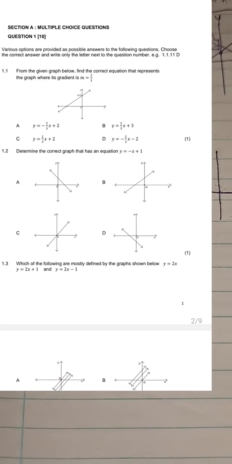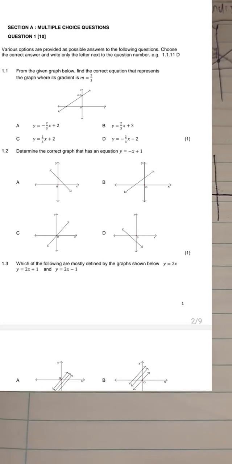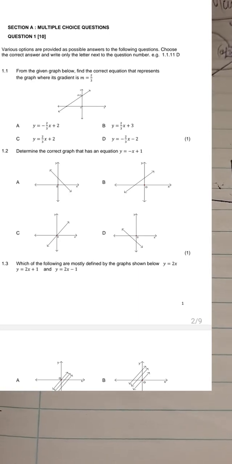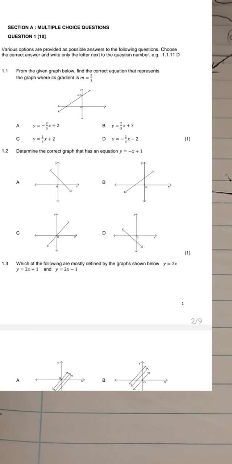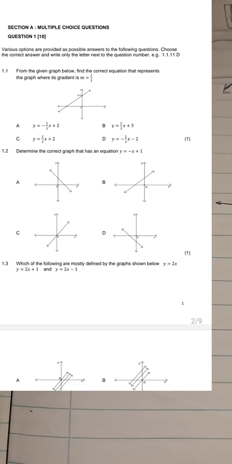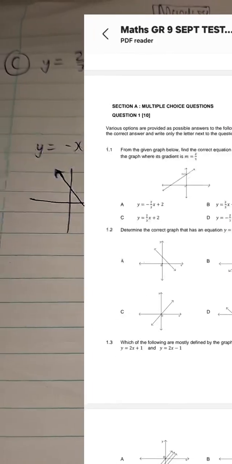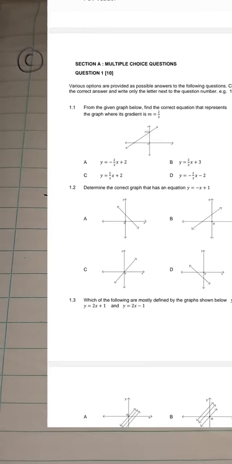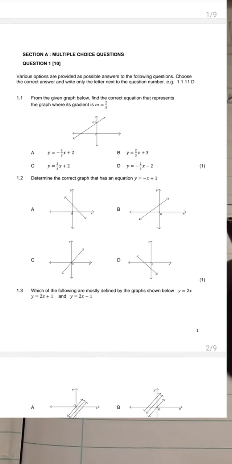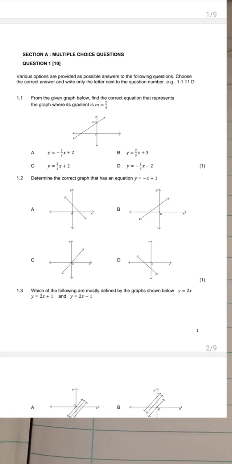Why am I saying B and C can't be the answer? It's because both B and C are straight line graphs that are increasing. So in other words, it means that those two graphs have a positive gradient, guys. I hope that makes a lot of sense.